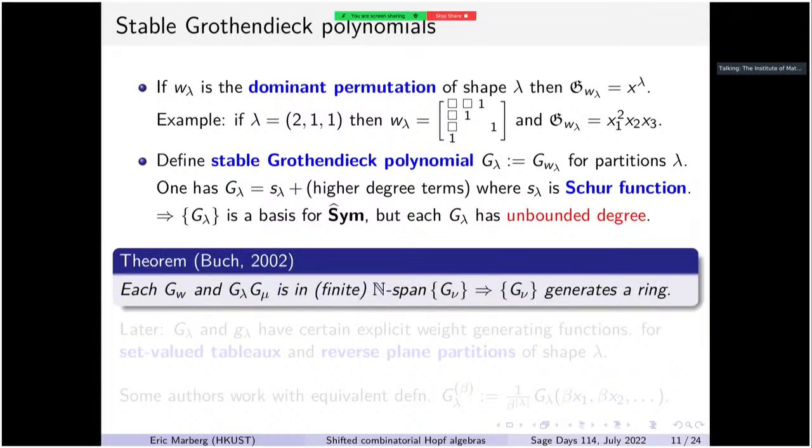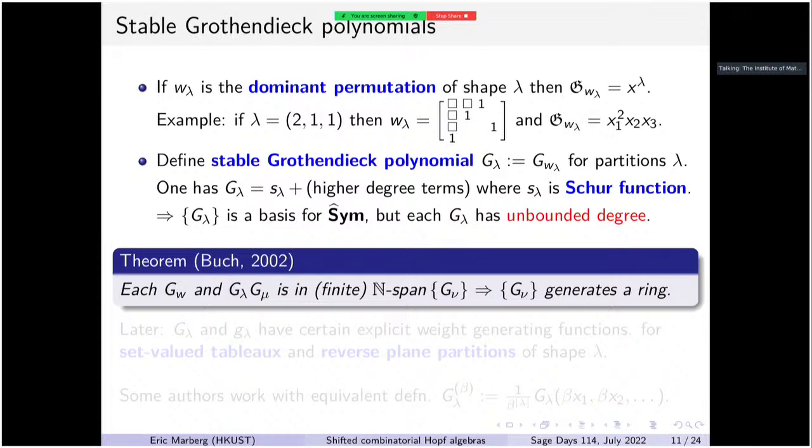And these symmetric functions have some interesting non-trivial properties. So one is, each G_W is spanned by these G lambdas. Even though these are unbounded degree symmetric functions, it's in a finite span with positive coefficients.